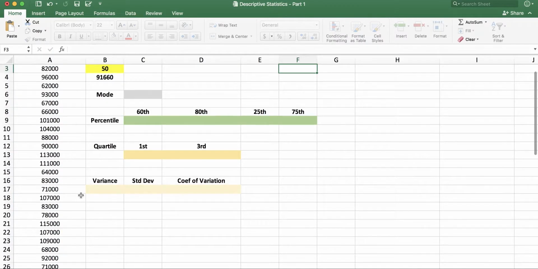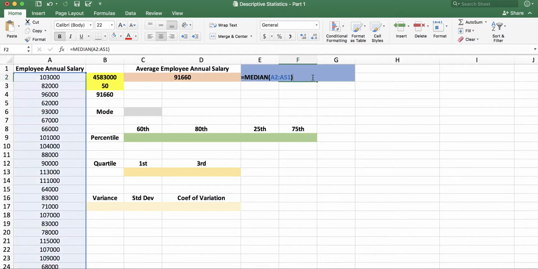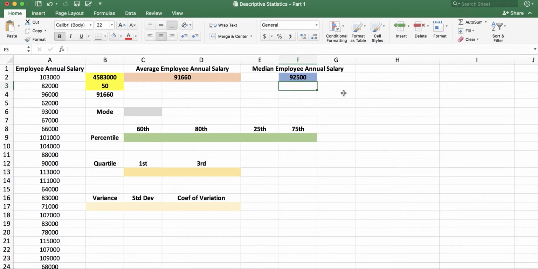The input is the same because I inputted my data set, and the median function gives me a median salary of 92,500. So these are all different types of measures of location.